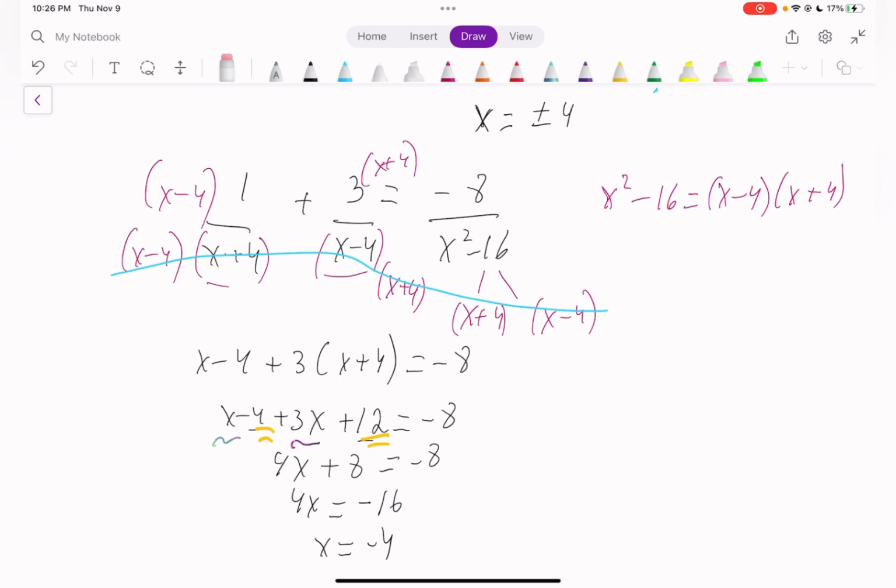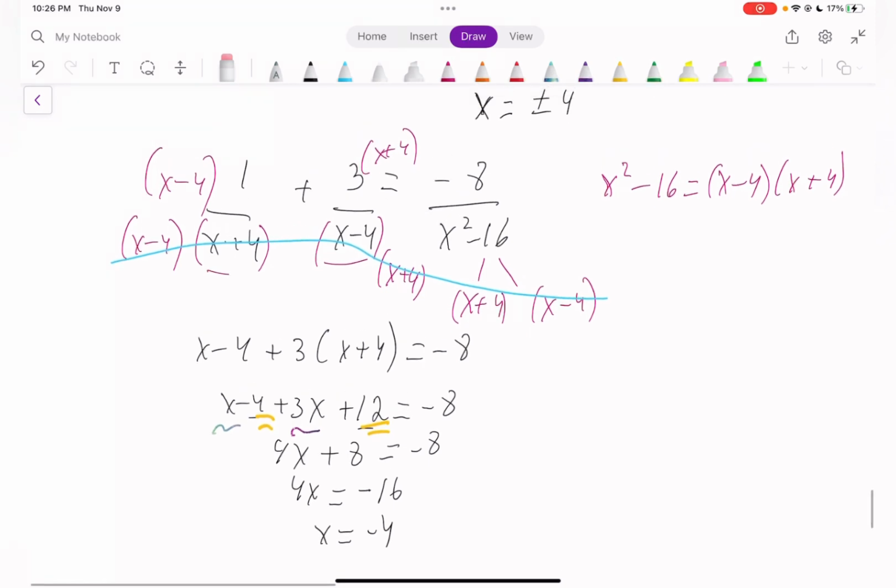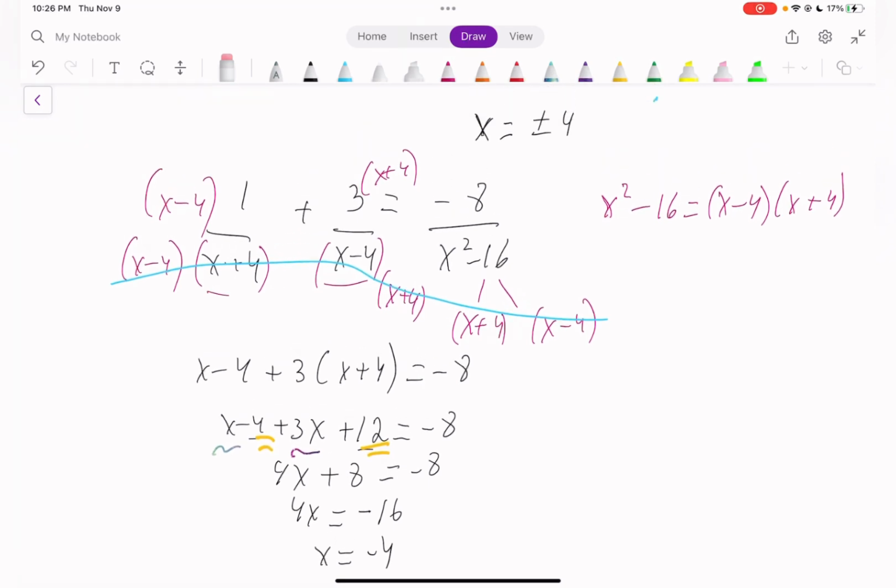Let's go back and check again. Ah, here it is. I found it. Look here. x is negative 4, but our problem is 1 over x plus 4 plus 3 over x minus 4 equal negative 8 over x squared minus 16.